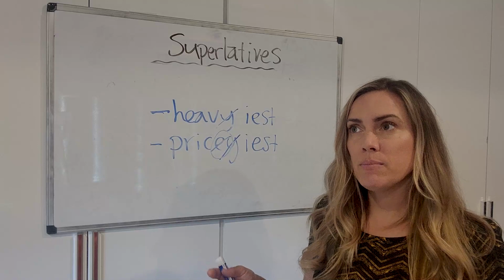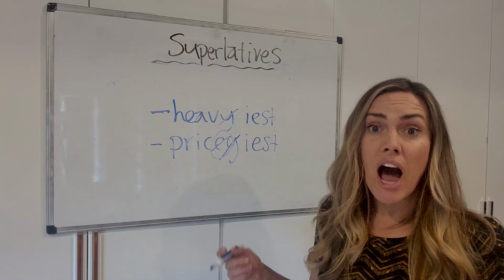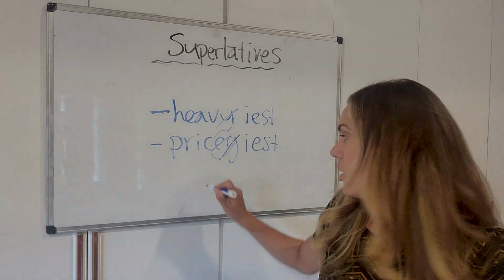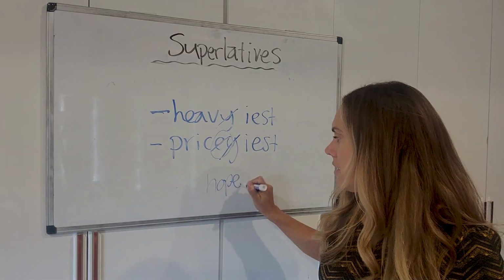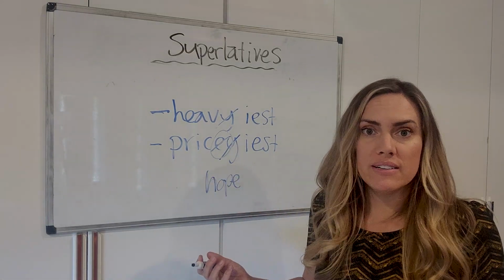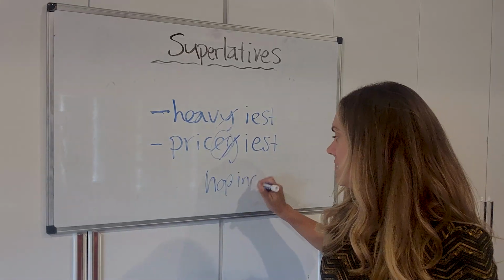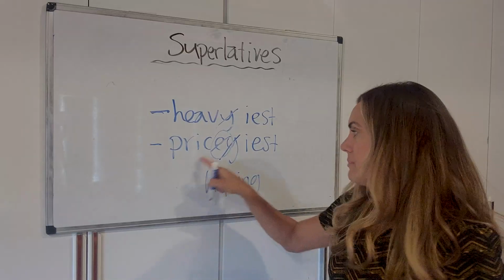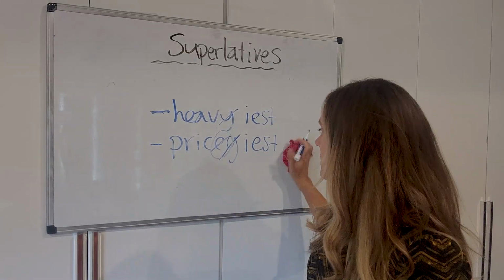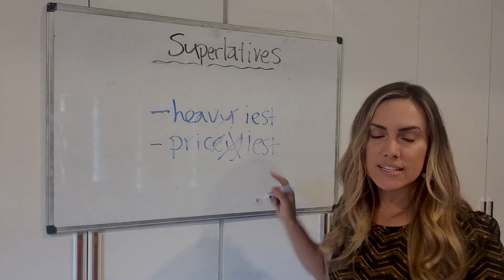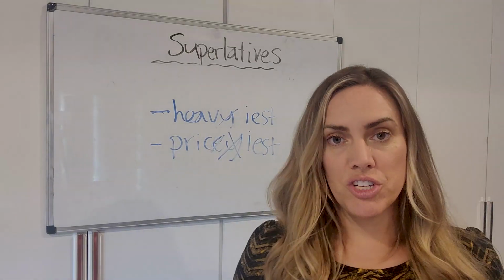It's sort of similar to when you're adding ing, right? To a word like hope, right? Hope. I'm hoping to see you tomorrow. You take off the E before you add ing. And that's what's happening here, okay? So take off the E, priciest. And that is the exception there.